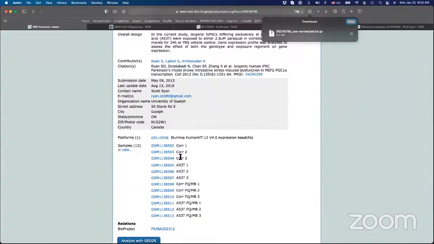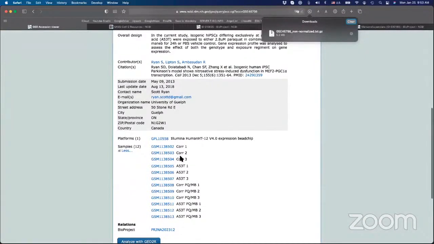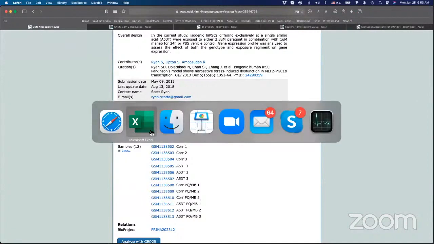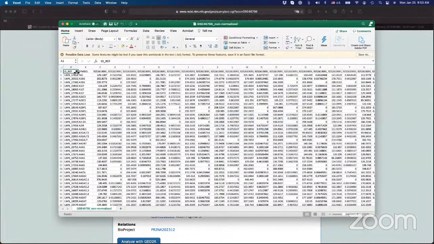So my question would be, as I want to explore this data, would I be able to see clearly differences between the control group and the treated group, or between the mutant and the control? So let's try and figure that out. So here's my data. I'm going to just change this to ID.